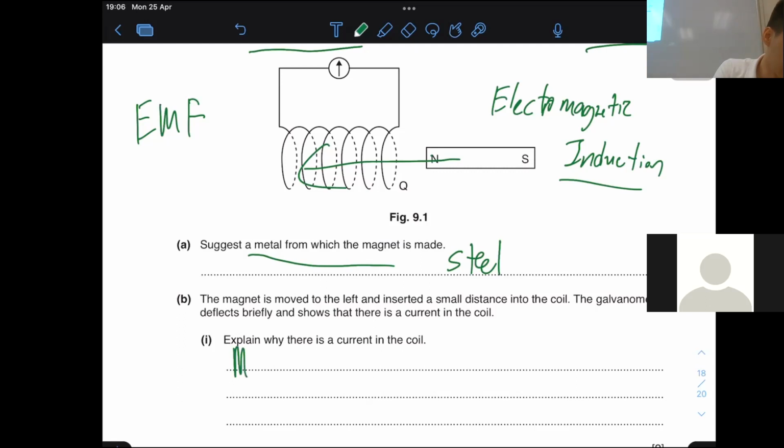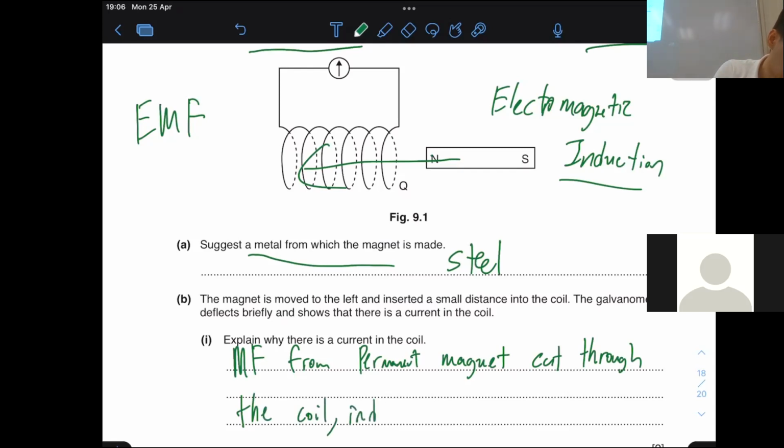Magnetic field from the permanent magnet cuts through the coil, inducing EMF and current in the coil.